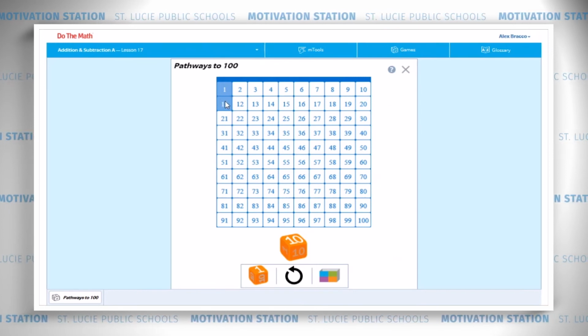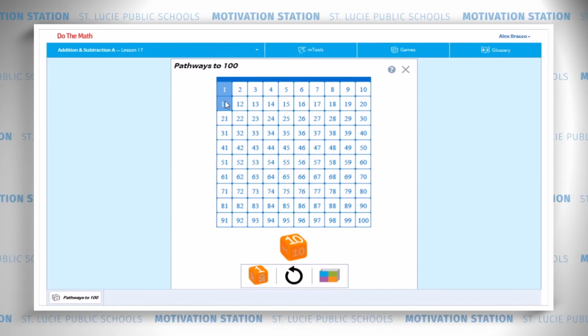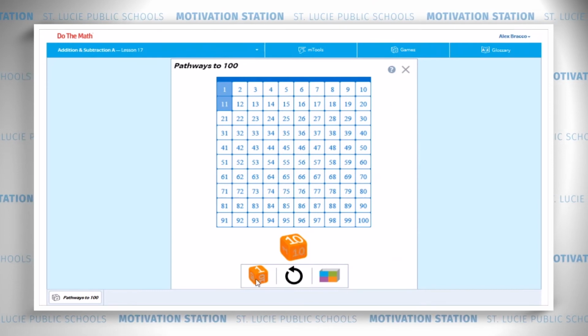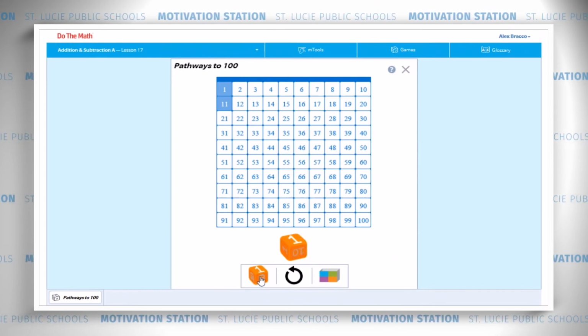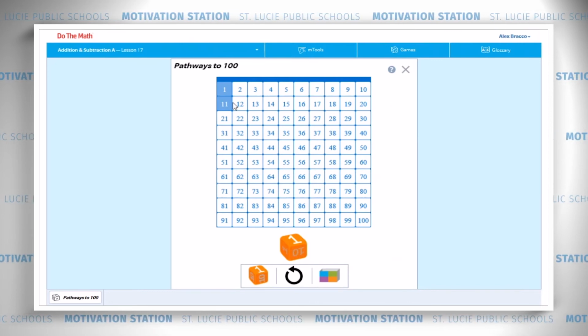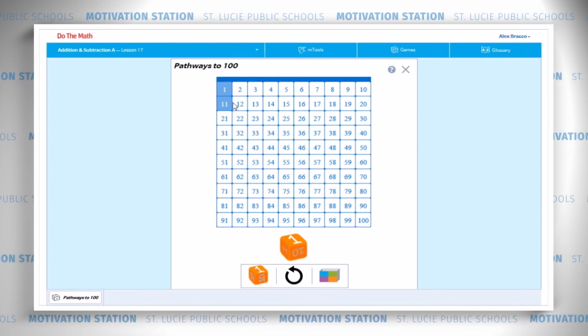Now, if I'm playing with a partner, it's my partner's turn. But if I'm not playing with a partner, that's okay. I'm going to roll the dice again. Okay, and I have 1. So I'm going to start at 11. My new equation is 11 plus 1.